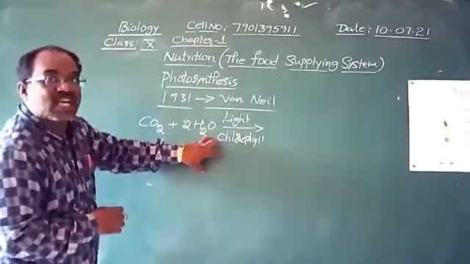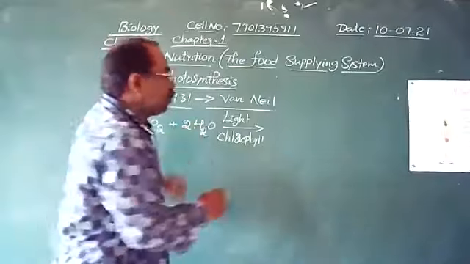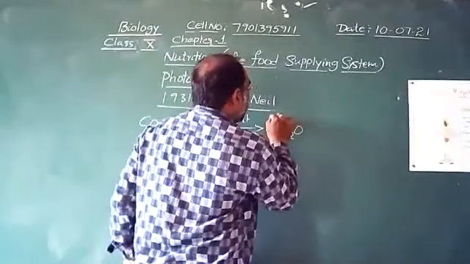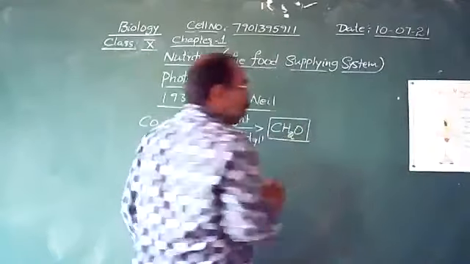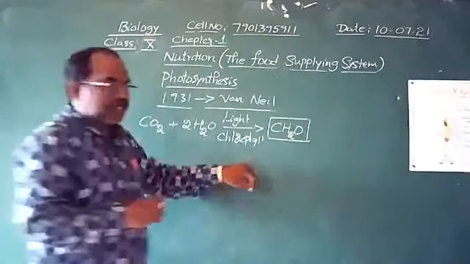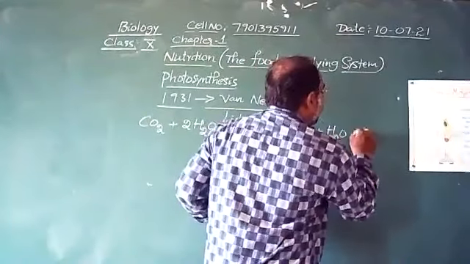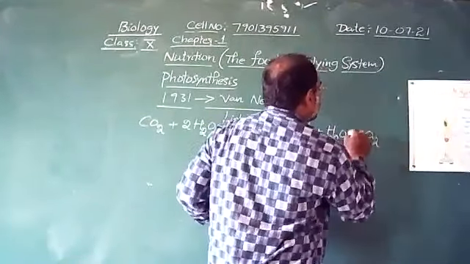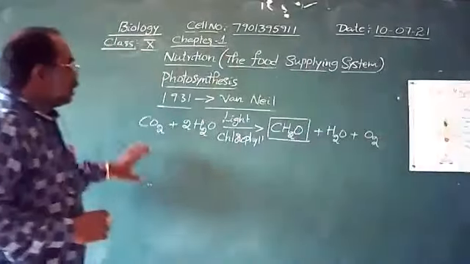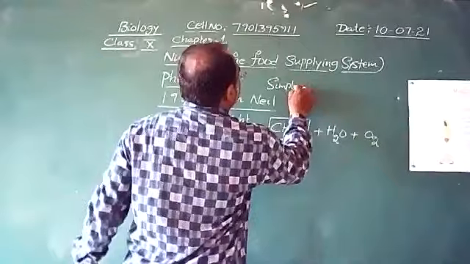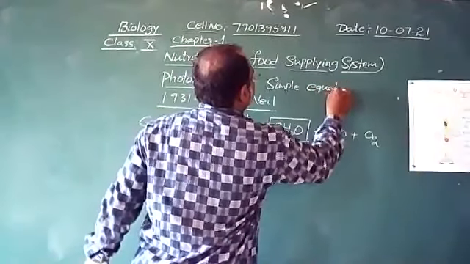All these factors combine together in the form of carbohydrates, and one molecule of water is liberated and one molecule of oxygen is liberated. This is the simple equation of the photosynthesis process.